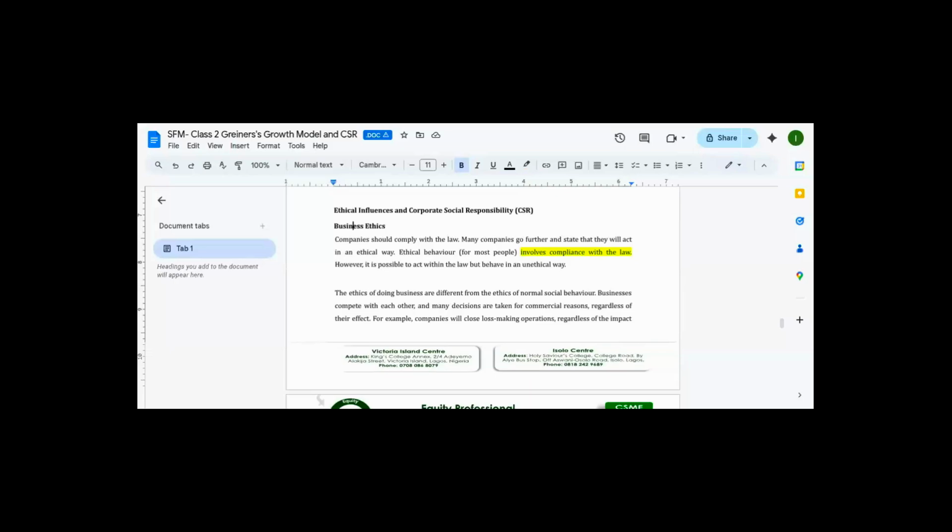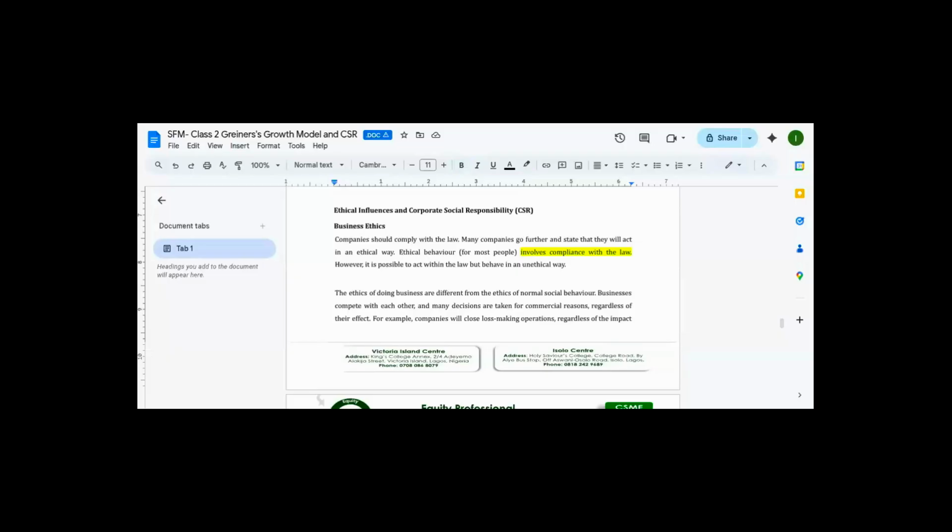So next we look at business ethics. Business ethics simply tells a corporate organization to ensure compliance with law and regulations. So under business ethics, we can see that companies should comply with the law.